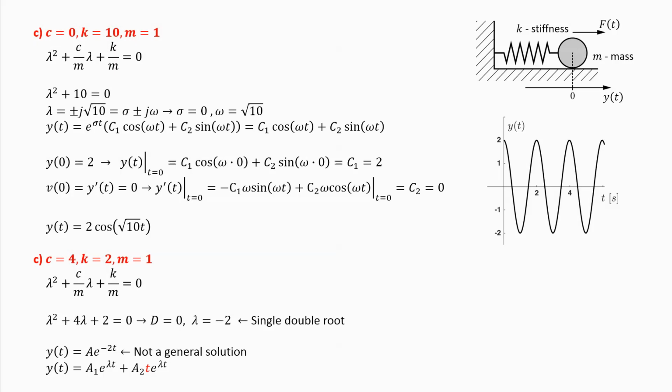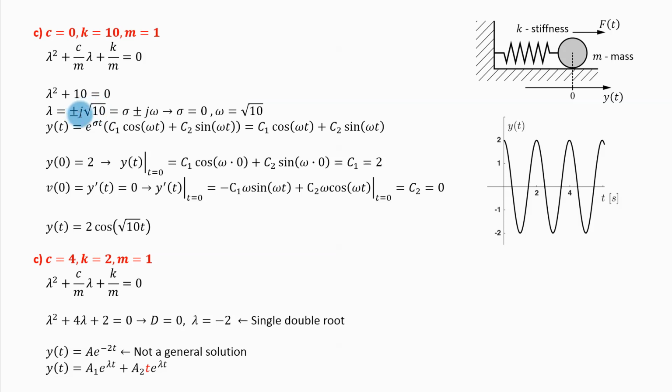Now let's take a look at two remaining cases. Here I have the same setup as before, but I have moved to an ideal world where I have no friction. My coefficient of friction is 0. In this case, the characteristic equation will be this, and when you solve this, you will get two complex conjugate roots.